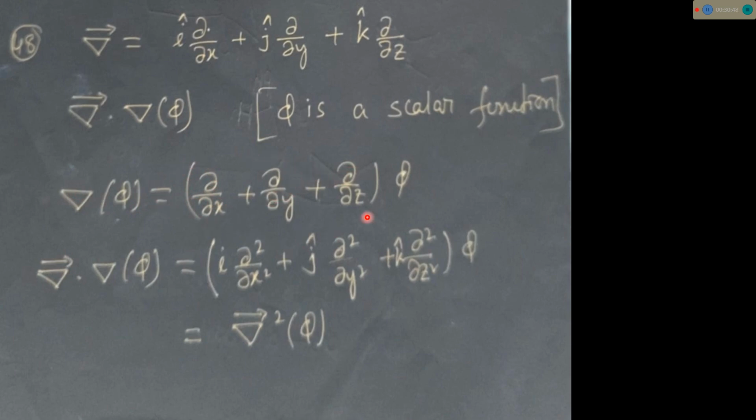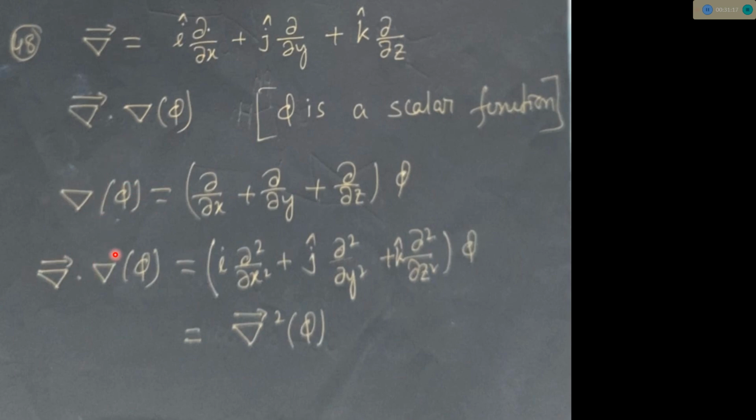So to find this value, since it is i del x, j cap del y, k cap del z, we just multiply this term with this term, normal multiplication.